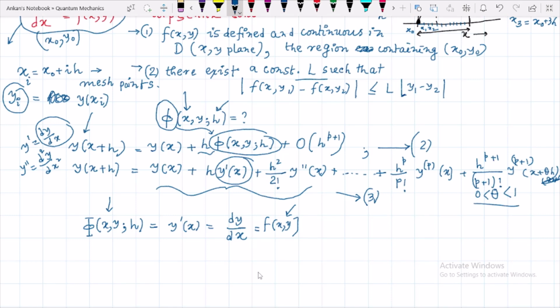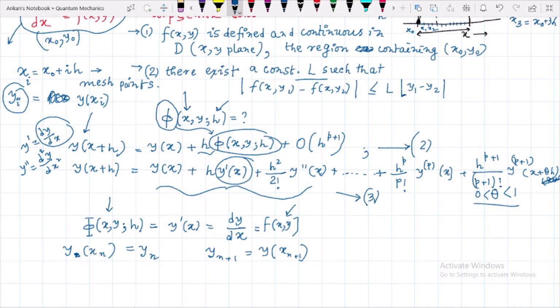Okay, so again you know that y at xn is given by yn. Similarly you can write that the n plus 1th value of y is given by its value of y at x equal to n plus 1.